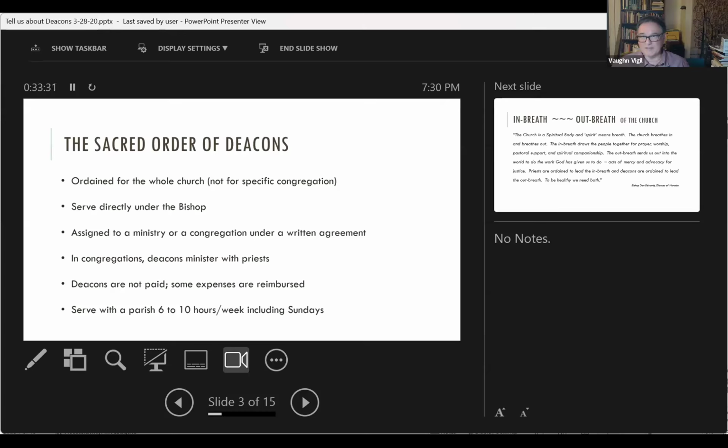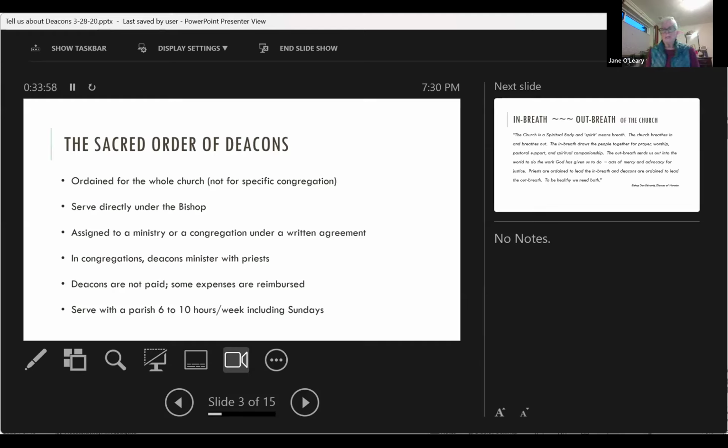Now, I think there's a lot of overlap there, but it's something to remember. Because our ordination is different, we're ordained to an outward focus, and priests are generally ordained to an inward focus with regard to the church.